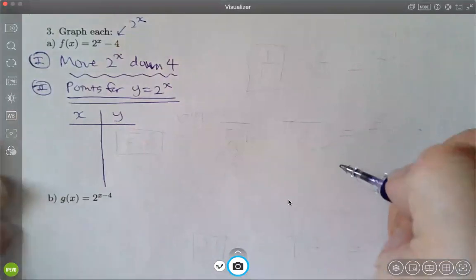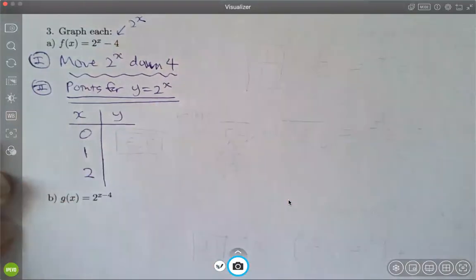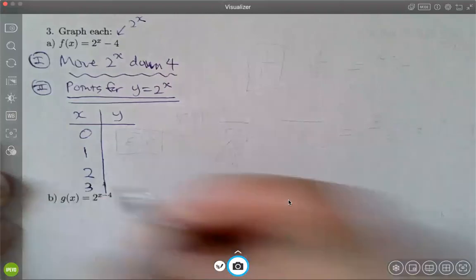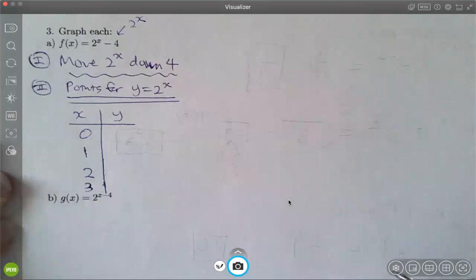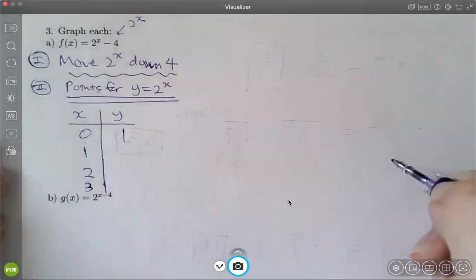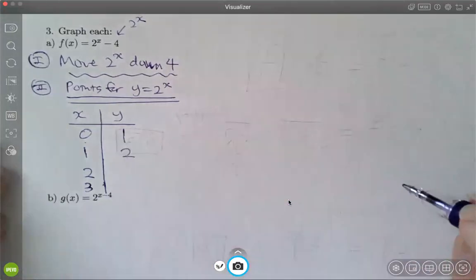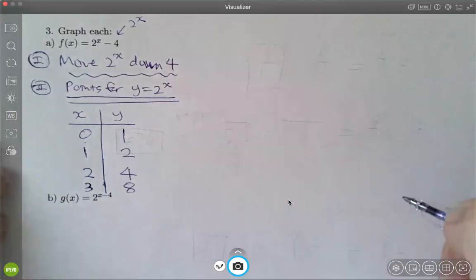But to avoid any fractions, where we got the fractions for x being equal to -2 and -1, I'll just choose these 4 numbers, 0, 1, 2, and 3. Okay, so now when x is equal to 0, you have 2 to the power 0, that's equal to 1, right? When x is equal to 1, 2 to the first power, so that's 2. When x is 2, you have 4. And when x is equal to 3, you have 2 cubed, and that's 8, right?